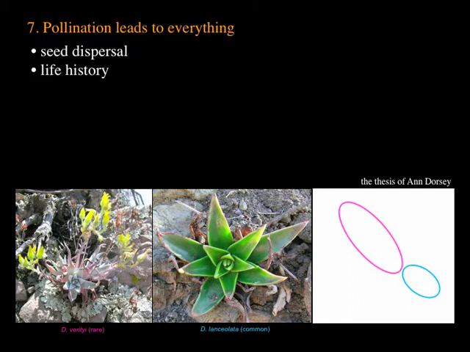Now, seed dispersal is just one thing. All this whole consideration also leads me to consider life history traits. And we've been studying these succulents that grow right around here. There's a whole bunch of species. And it turns out that the geographic range size is a correlate of life history evolution.